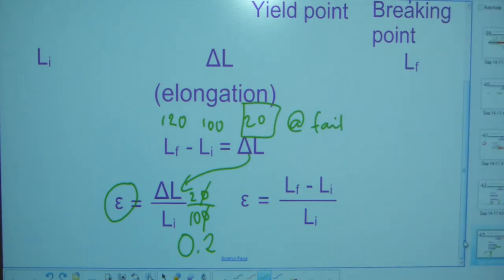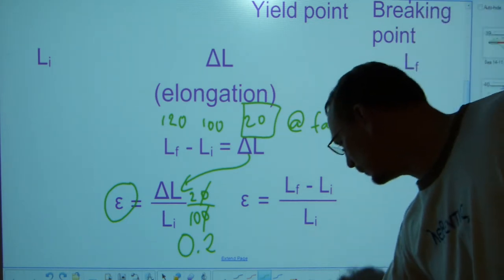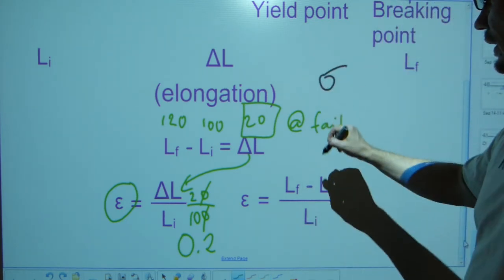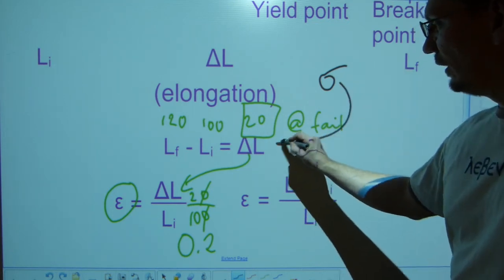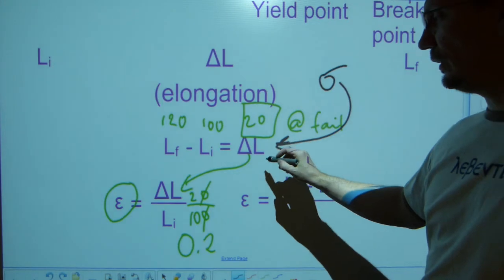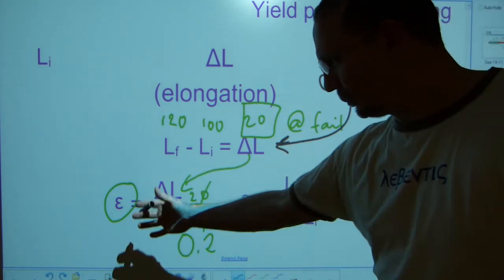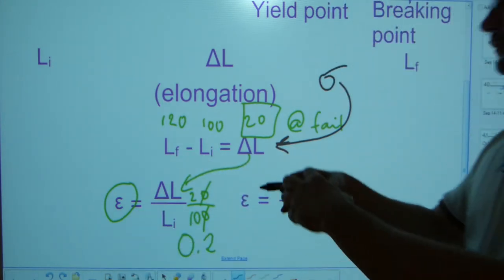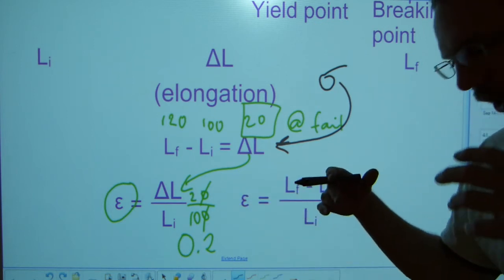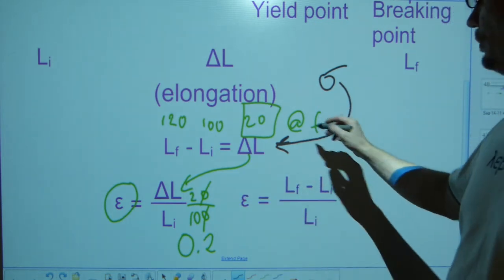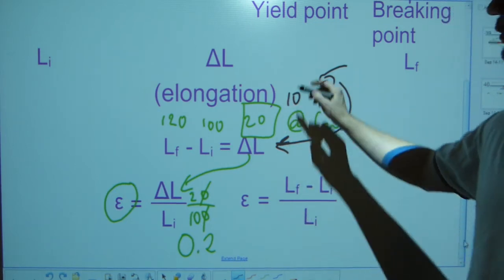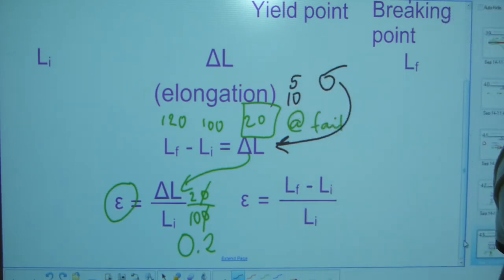Okay, I don't want to scroll up again for this character sigma, so I just maybe copy it here. Okay, so force is driving elongation, and this elongation is expressed as strain, how much stretch the material is under at any given point. It could be at failure, it could be halfway to failure, it could be elongating only 5 millimeters, it could be elongating just 1 millimeter.